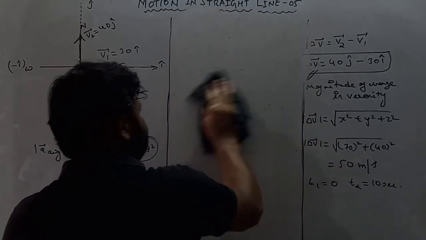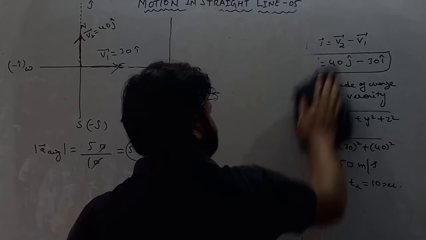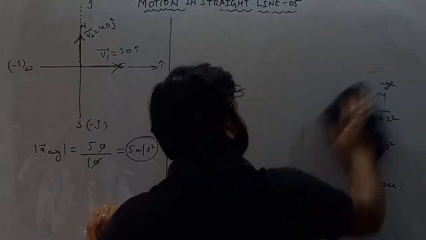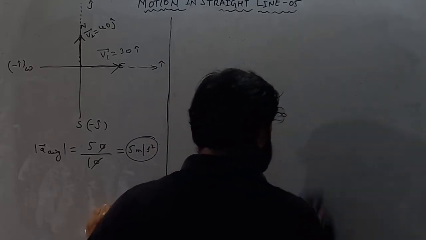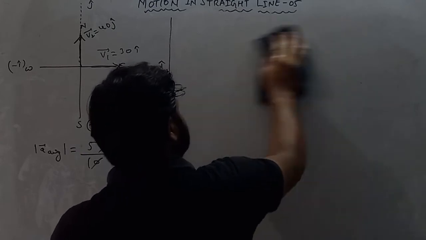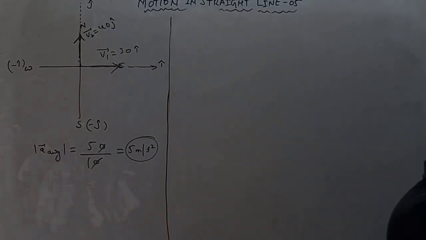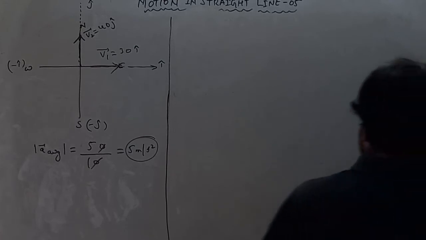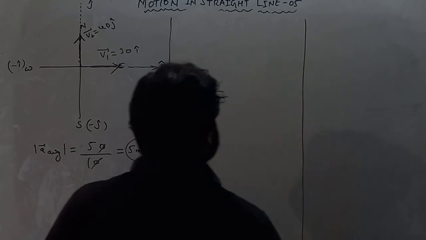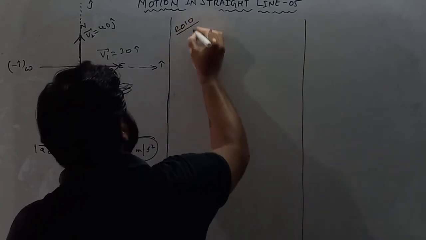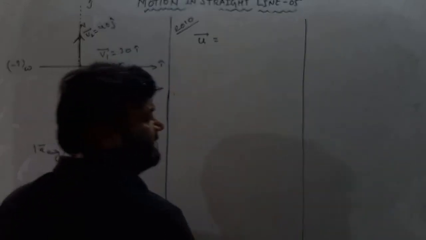So the question is like this. The initial velocity of the particle is 3 i cap plus 4 j cap. The initial velocity will be represented by u vector.